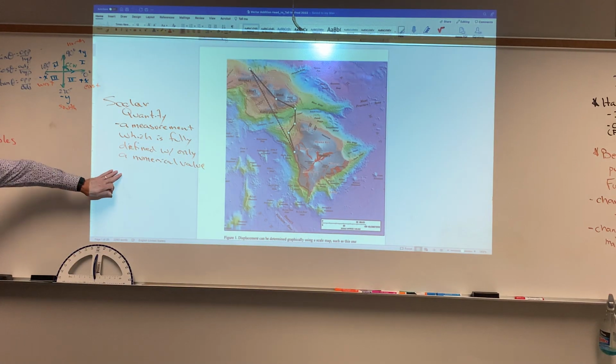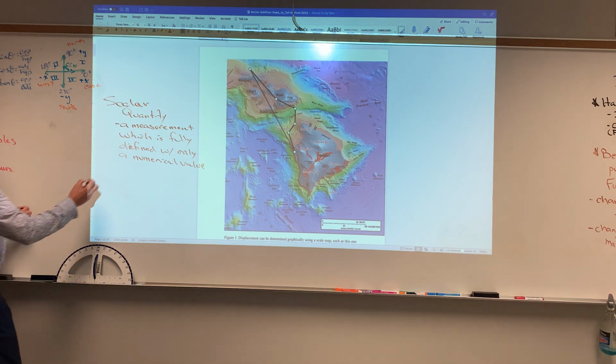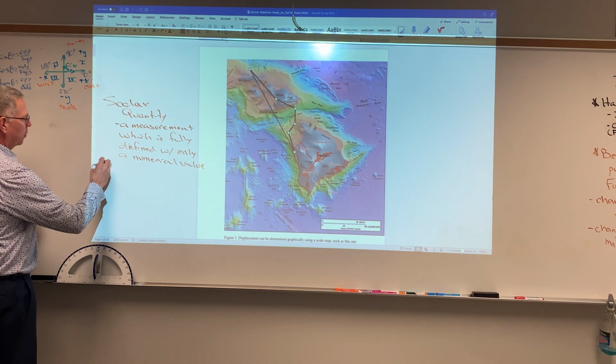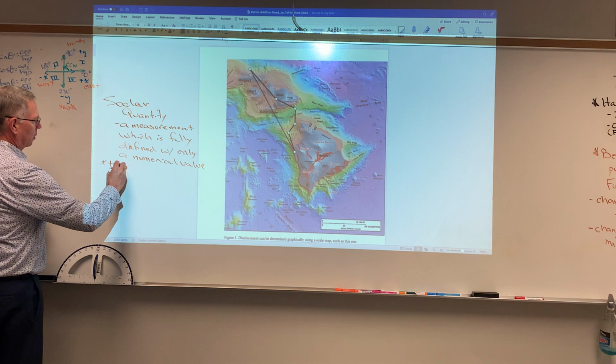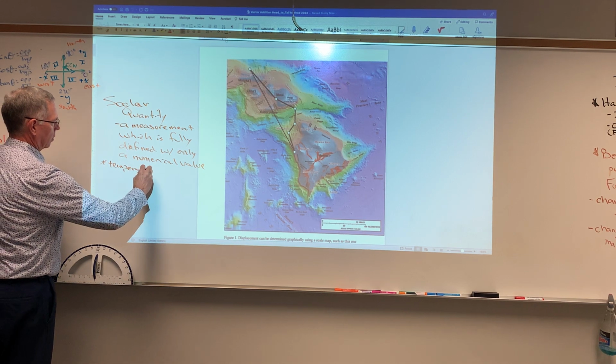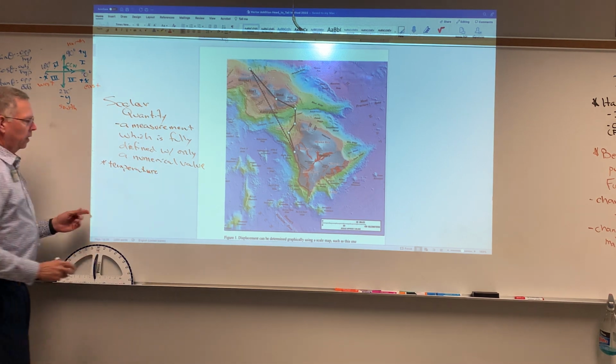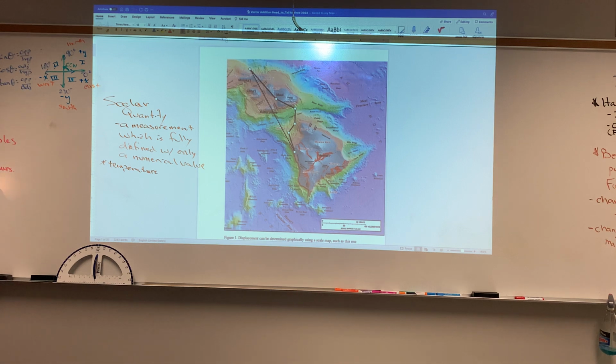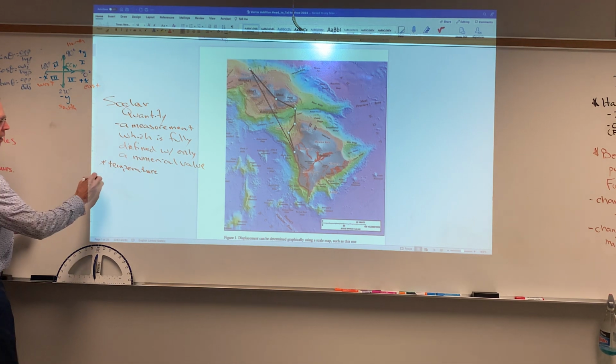And so some examples of that would be like temperature. If you measure the temperature outside, you get a numerical value, that's all you get, okay?